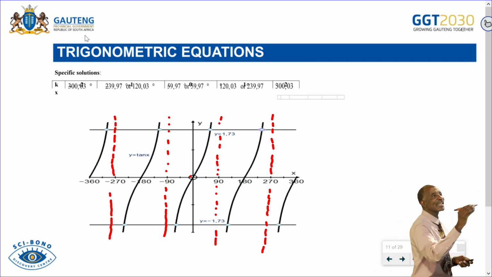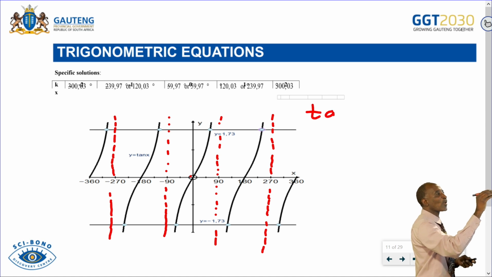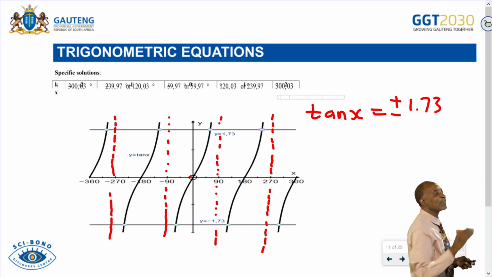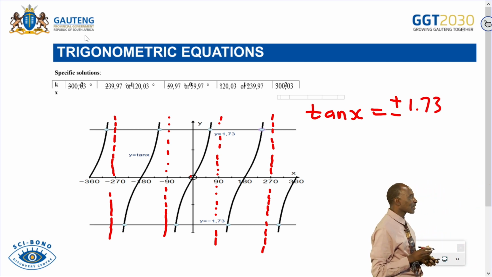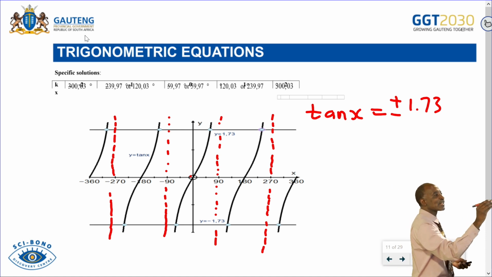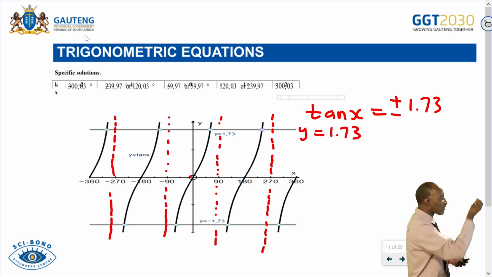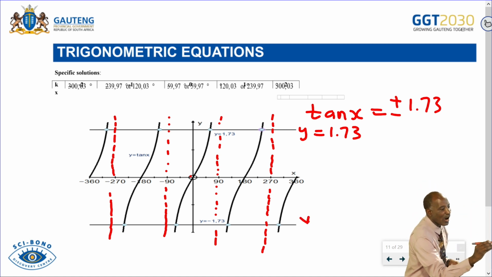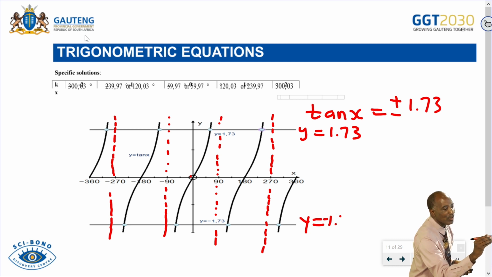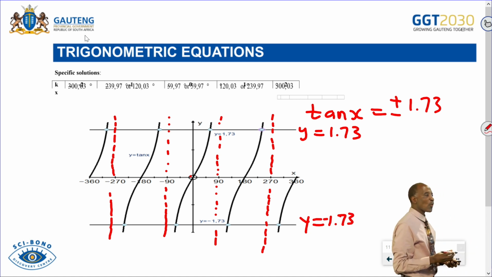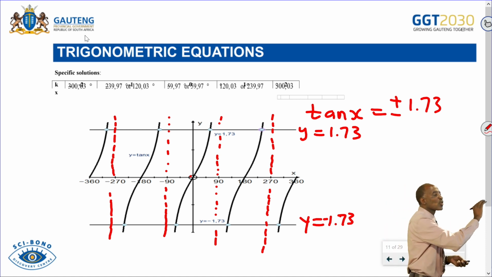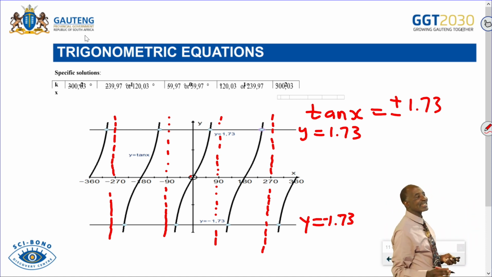We have drawn it, but we're specifically focusing on tan x equals plus or minus 1.73, meaning we've got two lines here. One line we'll label as y equals 1.73, which is above 0. The other line is y equals negative 1.73. So we want to know where these two lines are going to meet our tangent graph.